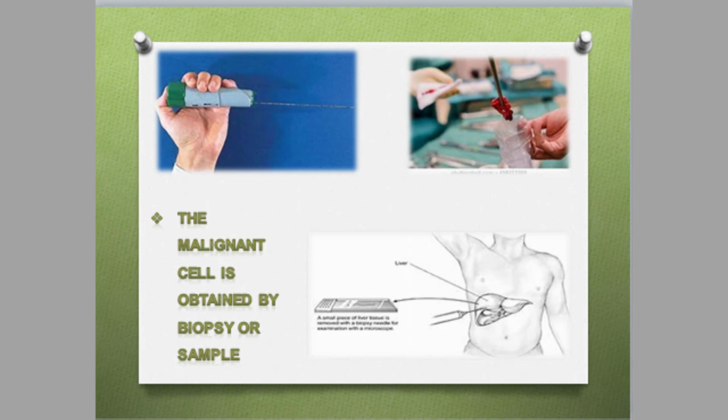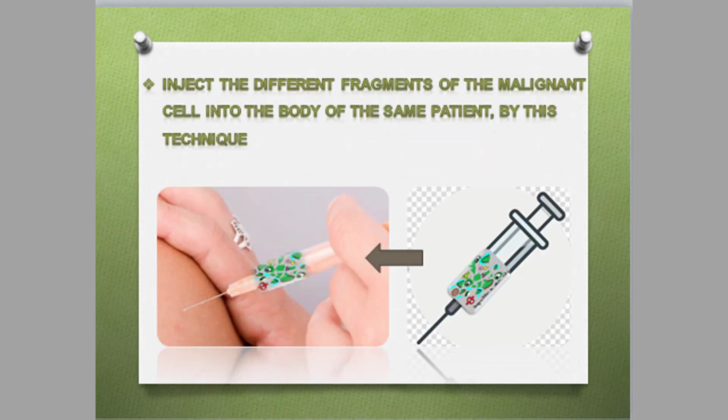The malignant cell is obtained by biopsy or sample. Inject the different fragments of the malignant cell into the body of the same patient by this technique.